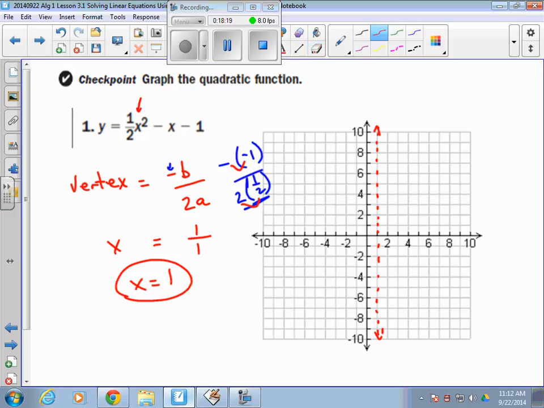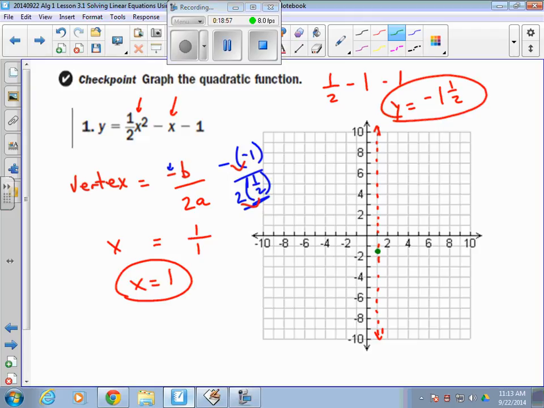So 1 squared is 1. 1/2 times 1 is 1/2. Then minus 1 minus 1. 1/2 minus 1 is negative 1/2, and negative 1/2 minus 1 gives a y value of negative 1.5. So your x value is 1 and your y value is negative 1.5.